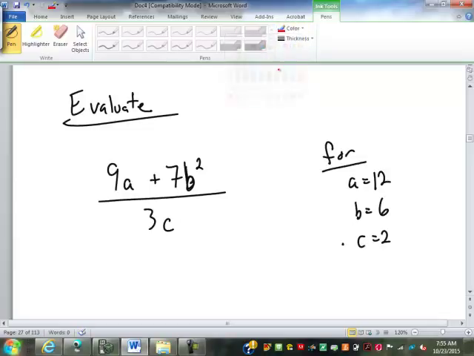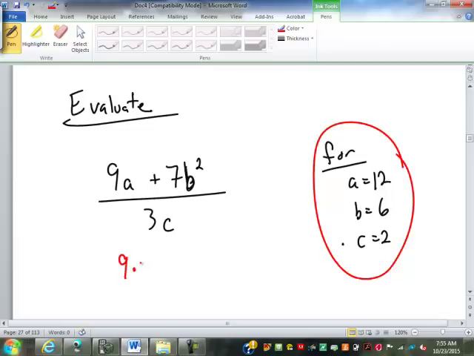What this is telling me to do is two things. One, replace each letter with its assigned value. So instead of 9a, this becomes 9 times 12. Plus, instead of 7b squared, it's 7 times 6 squared. Over 3c becomes 3 times 2.